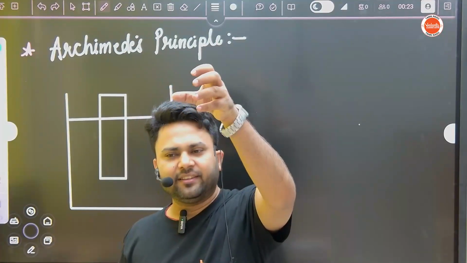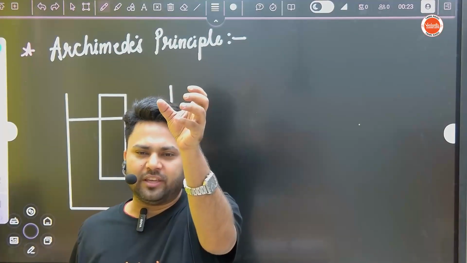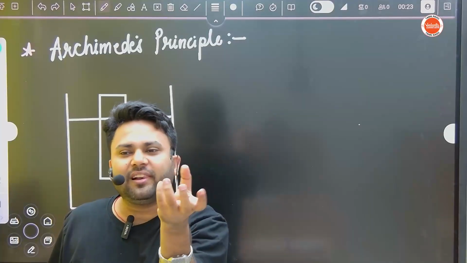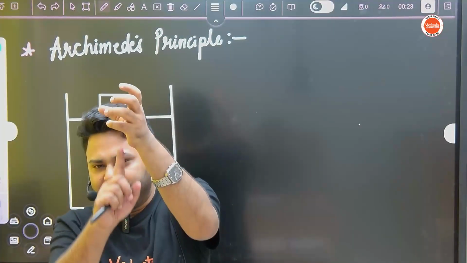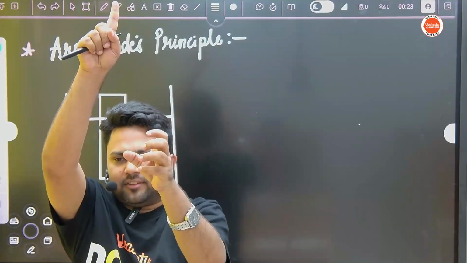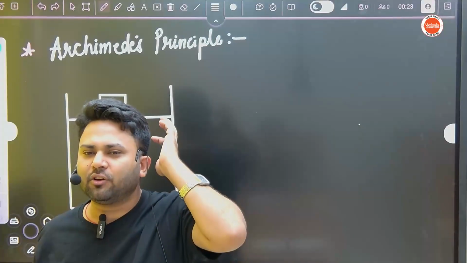Suppose weight is 100 Newton. So 100 Newton you are feeling in the air. But as you keep this ball in water, you will feel light. Now you are feeling 60 Newton. So 100 Newton was down, means 40 Newton was up. That's why 100 minus 40, 60 you are feeling.